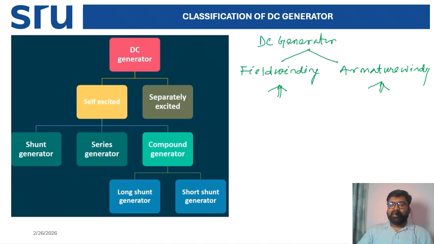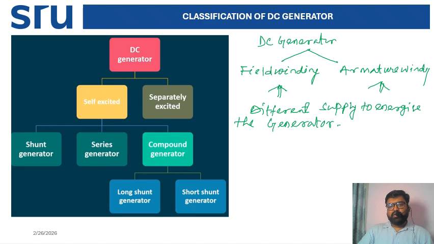Based upon this, if different supplies energize the generator, it is one of the types, that is separately excited. It means we are giving different excitations to both.